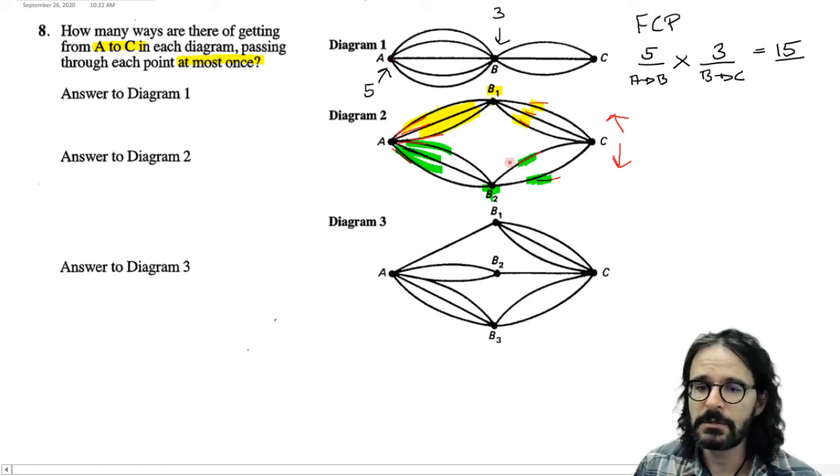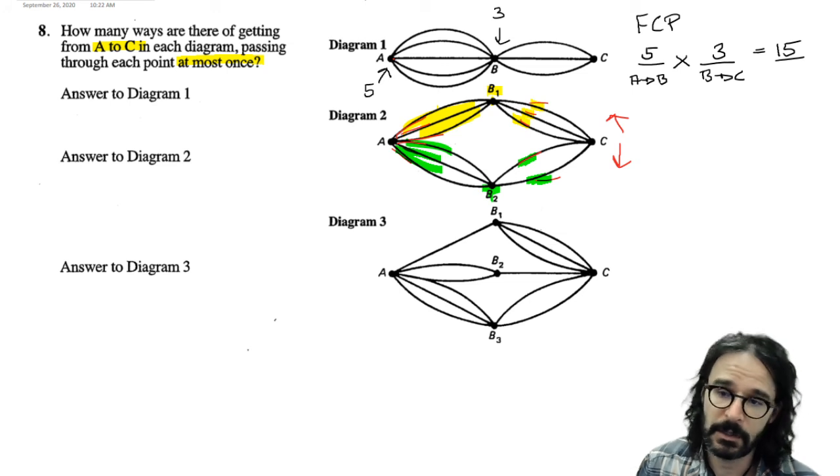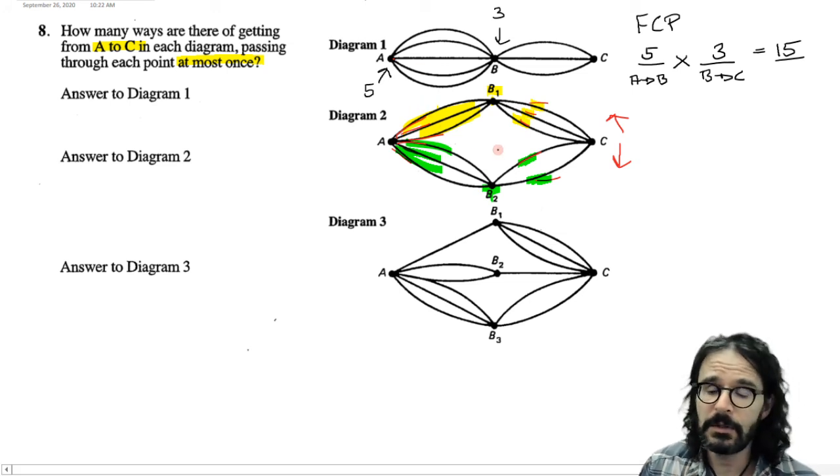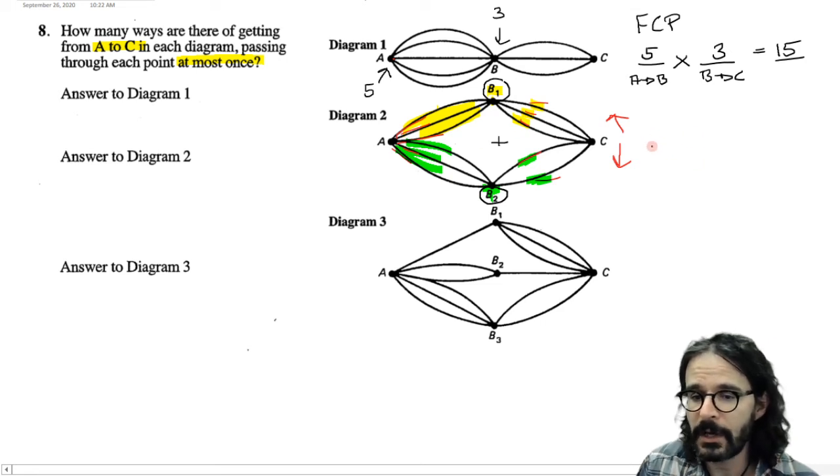Okay, so what we need to do here is use the fundamental counting principle, but we need to determine the number of ways we can get from A to C passing through B1. And then we have to determine the number of ways we can get from A to C passing through B2. And then we have to add it up, because those are two sets of independent paths. So for the yellow paths, the ones on top here, we're going to have two placeholders.